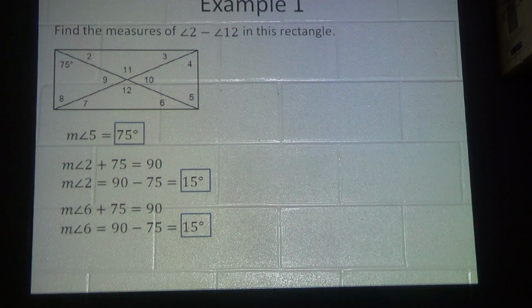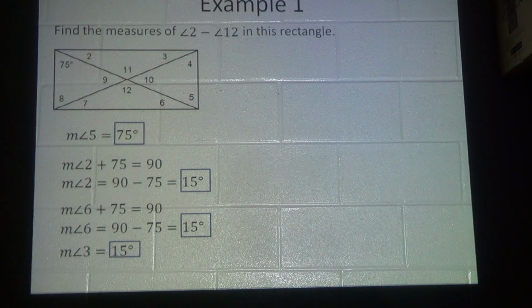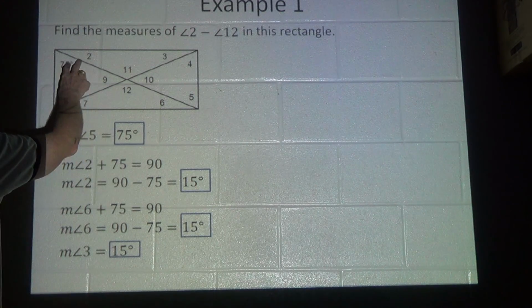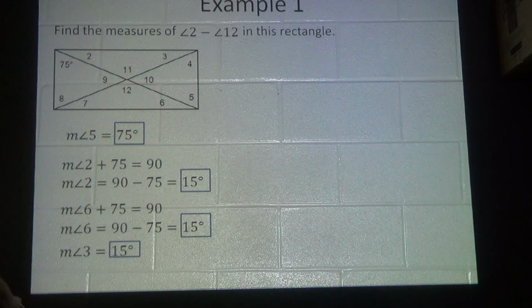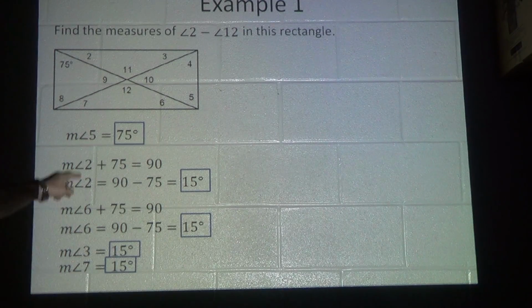Okay, the next one they're going to do is the measure of angle 3, which is equal to 15 degrees. The way they got this is by using the fact that these are triangles, and the triangles have 180 degrees in each one. So this means the measure of angle 7 has to be 15 degrees also, because it's alternate interior angles again.